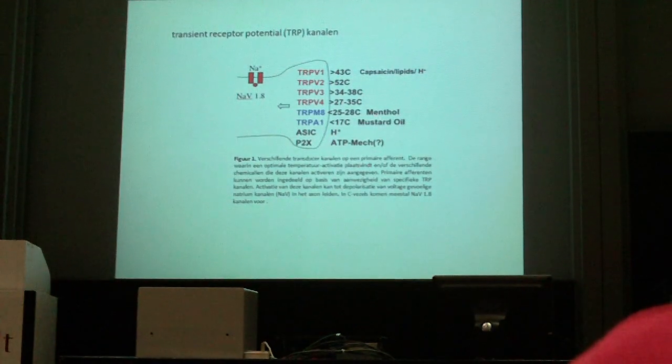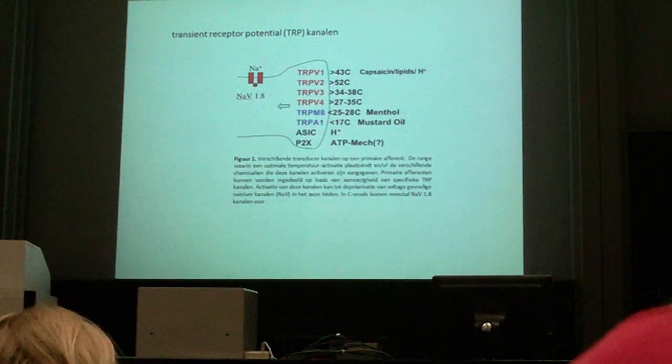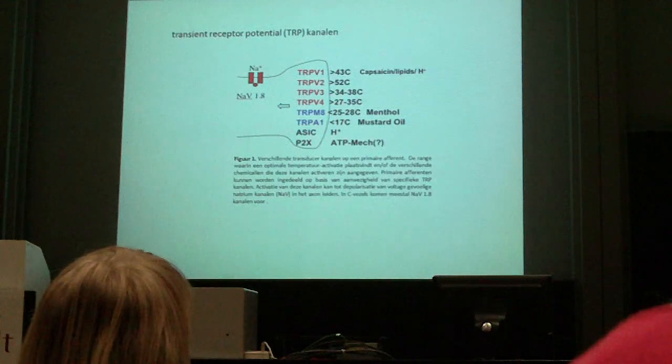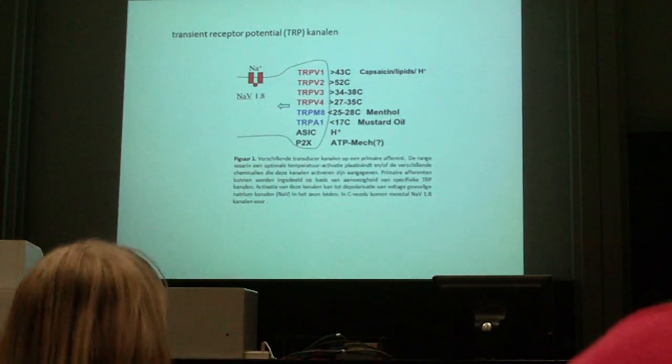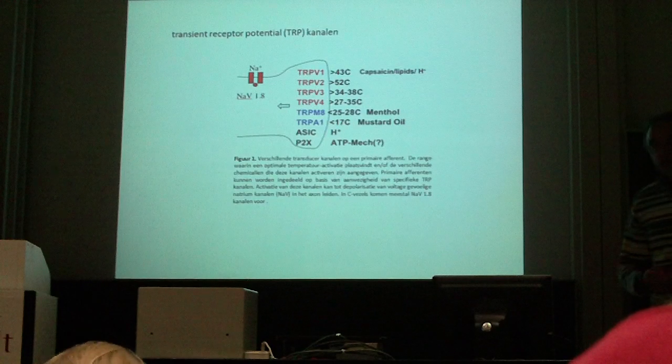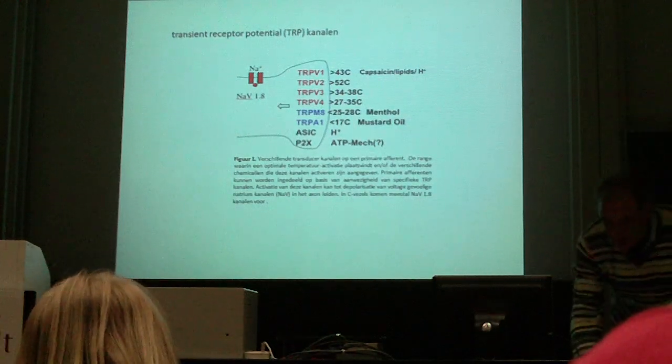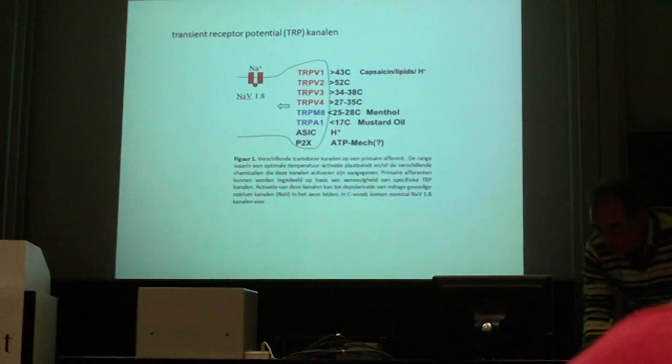There are other ones, and you see here indicated when they are activated. You see there are some, they are more for the cold allodynia, for the cold response. Based on the presence of these receptors, these C fiber endings, pain fiber endings are characterized, identified. So you have a lot of possibilities.